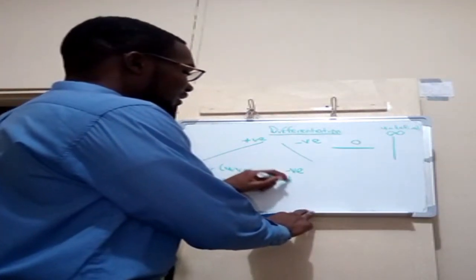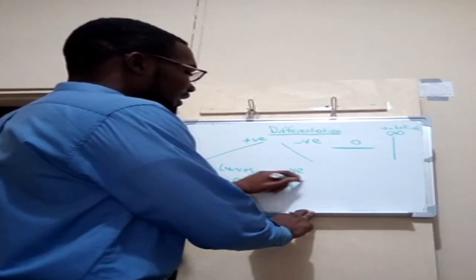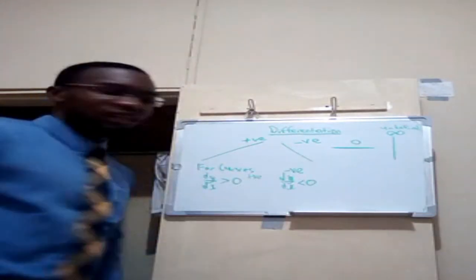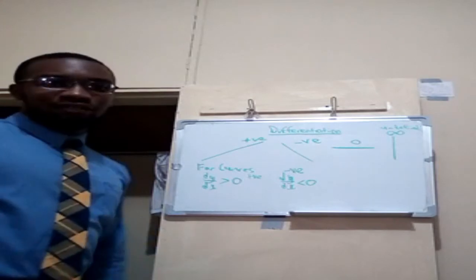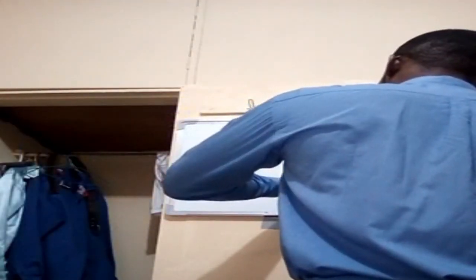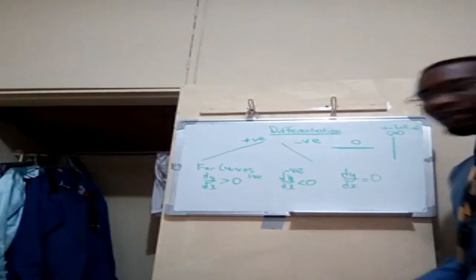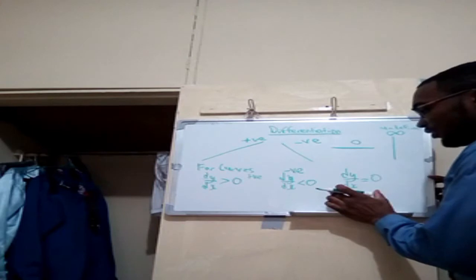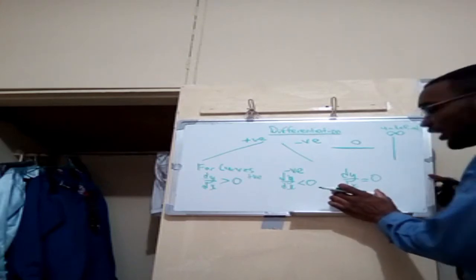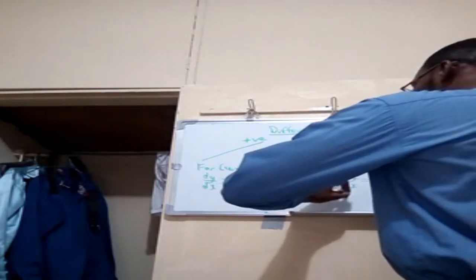When dy by dx is less than 0, we say that the gradient is negative. Then when dy by dx is equal to 0, we say that the gradient is stationary.